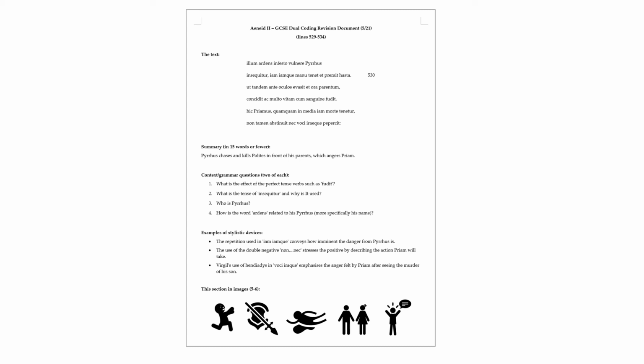So the students were also asked to provide summaries, make their own questions based on a template which was given to them, and then also identify examples of stylistic devices. This formed a mini booklet which the students were able to refer to when revising the material. In the CPD folder there will be examples such as this, and also other relevant material for today's talk.